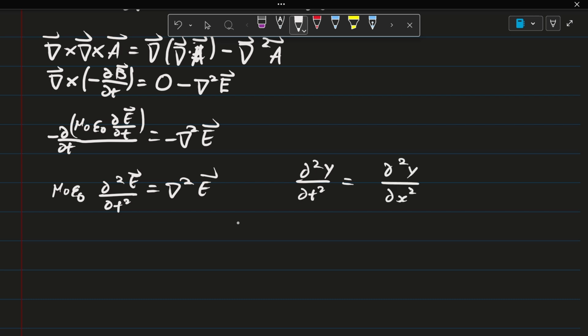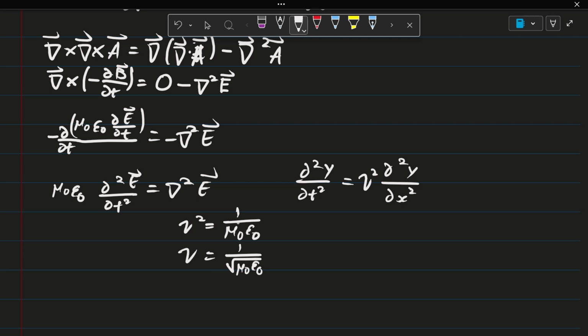And what we multiply in here is the speed of the wave squared. And this has the same form. So what we see here is that v squared turns out to be 1 over mu 0 epsilon 0, or the speed of this electromagnetic wave is 1 over the square root of mu 0 epsilon 0.